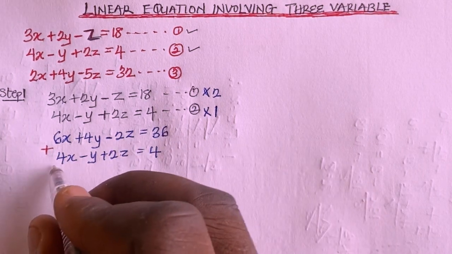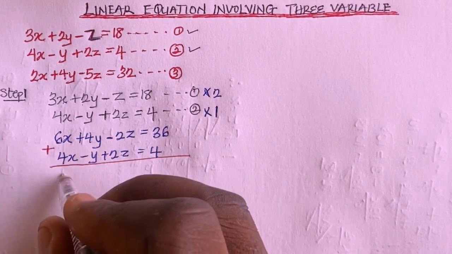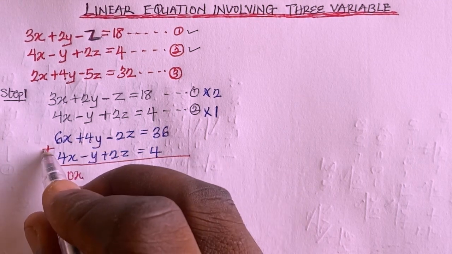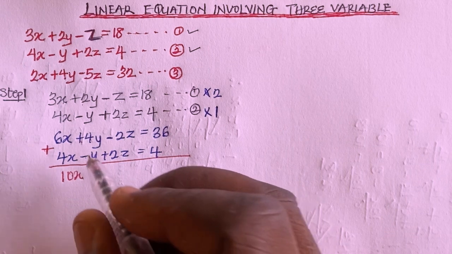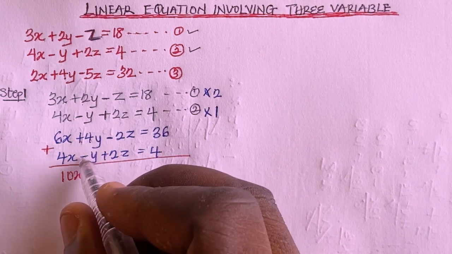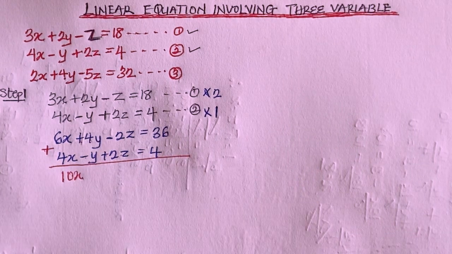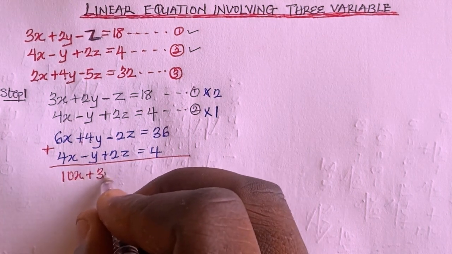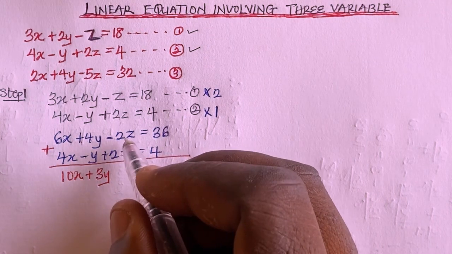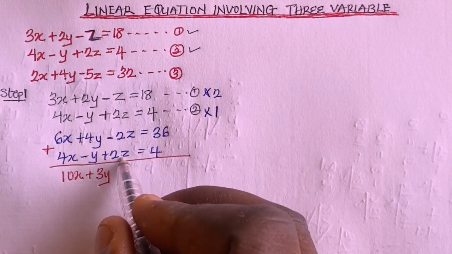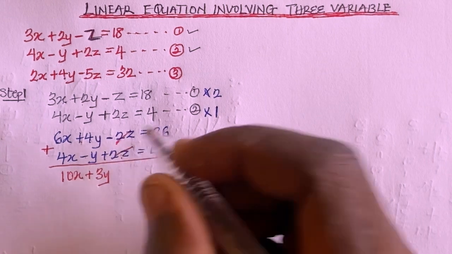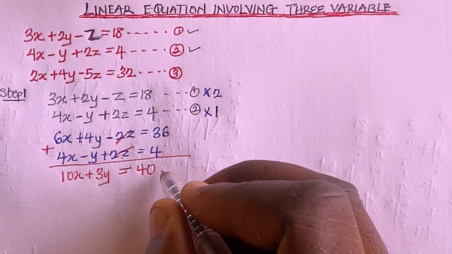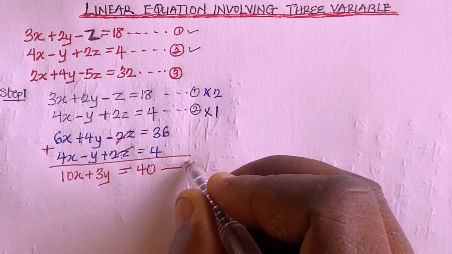Adding these two equations together, you're going to have 10x, then plus 4y minus y, that's plus 3y. Then minus 2z plus 2z will cancel out. Then it equals 36 plus 4, that's 40. You can call this equation 4.